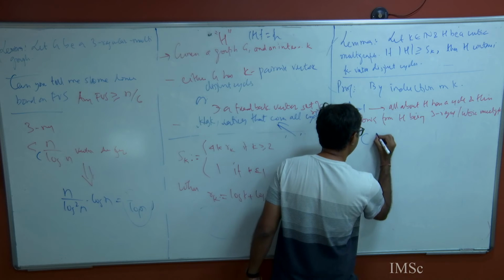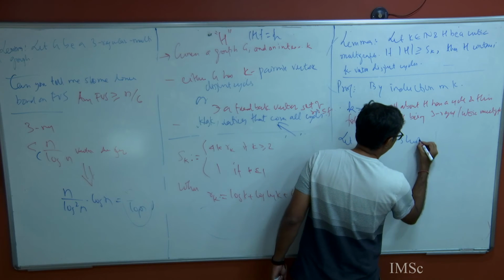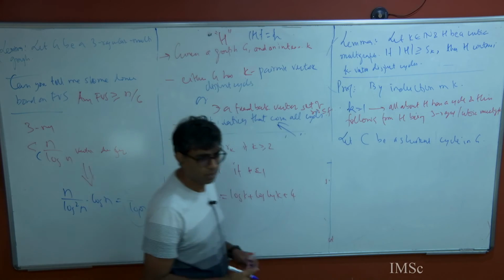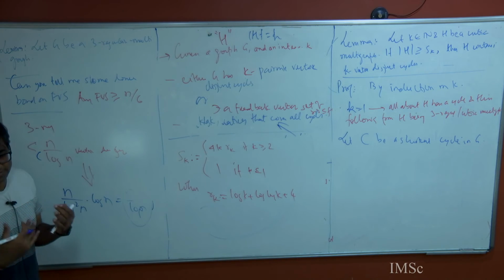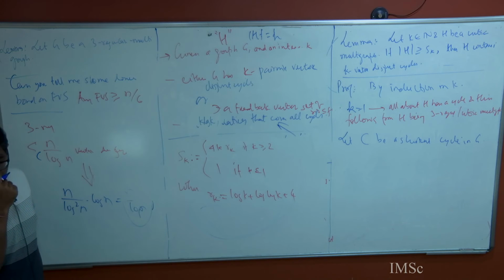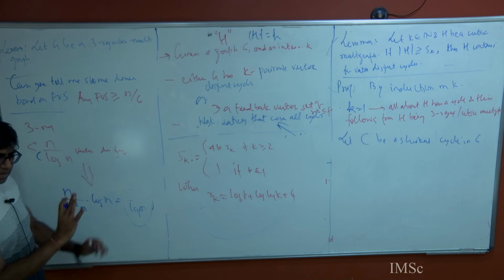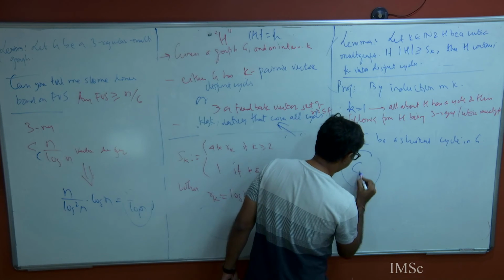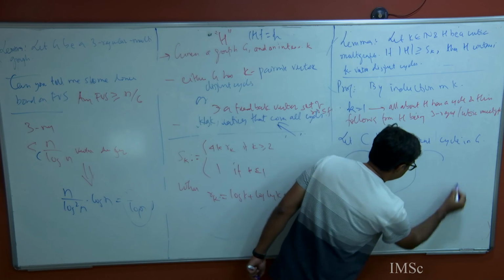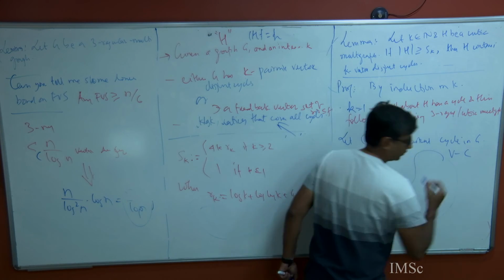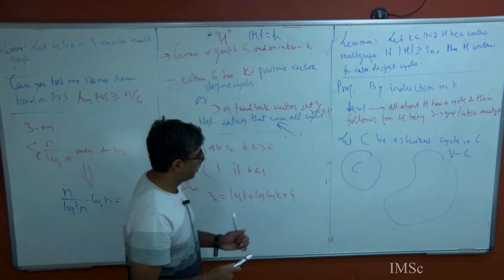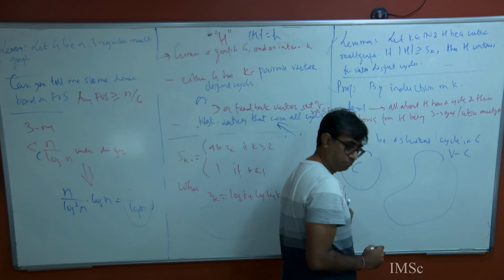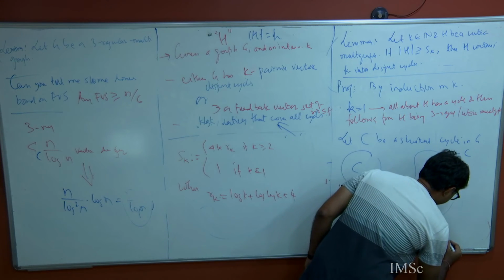Now let C be a shortest cycle in G. Why am I finding a shortest cycle? Because on this we do have an upper bound. So here is my C, and here is my remaining V minus C. I call this partition V1, and the remaining is V2 for now.